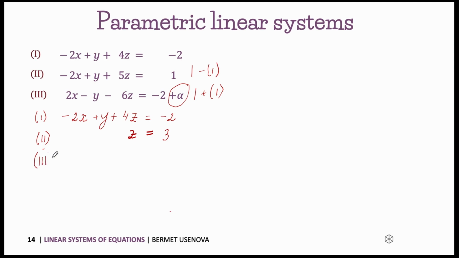And the third one will give us the following. So we here add the first one. This will be cancelled, and minus 6z plus 4z will give us minus 2z equals to minus 4 plus alpha. So here we can't go further. We can add here the second equation but multiplied by 2.